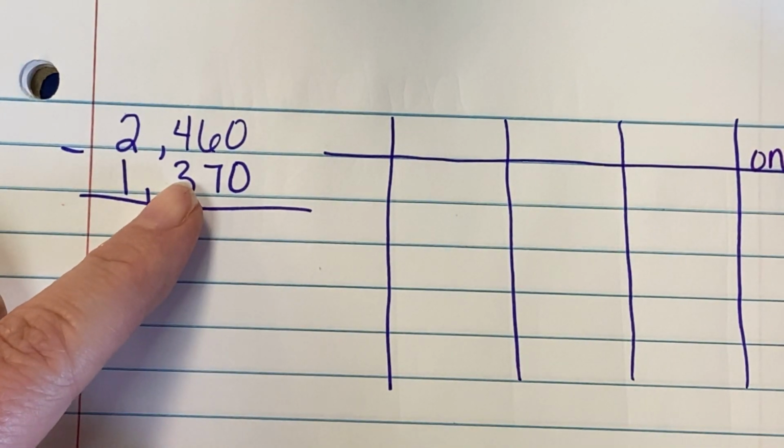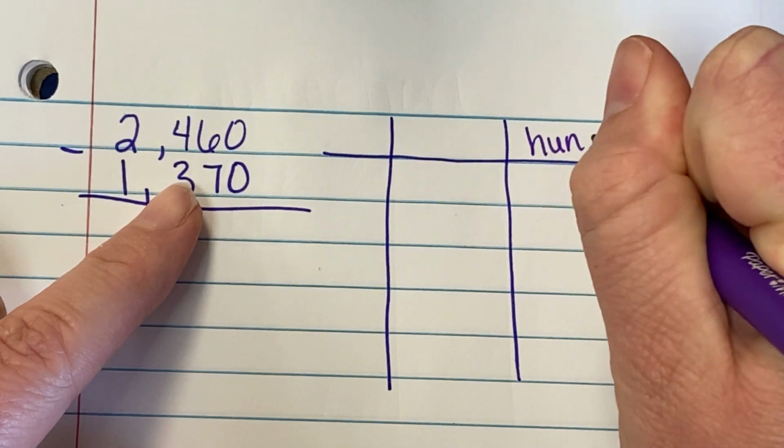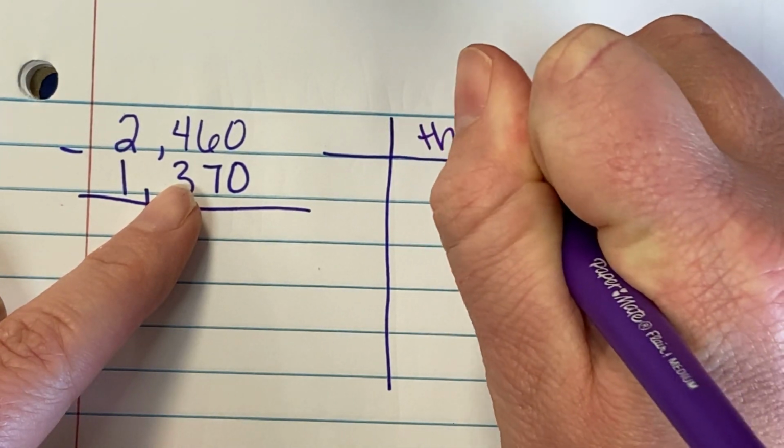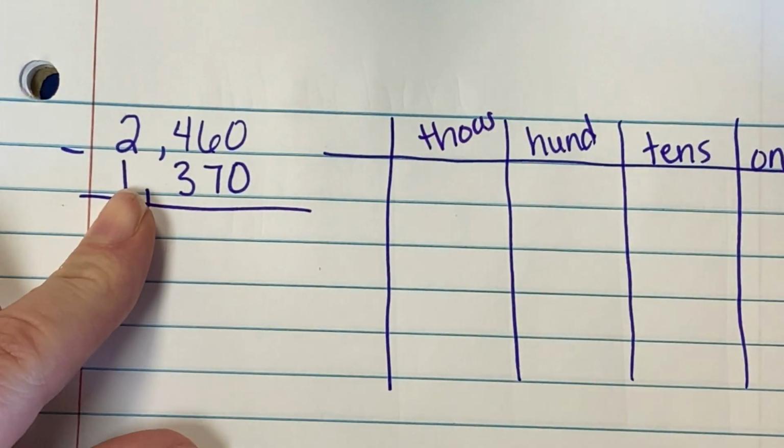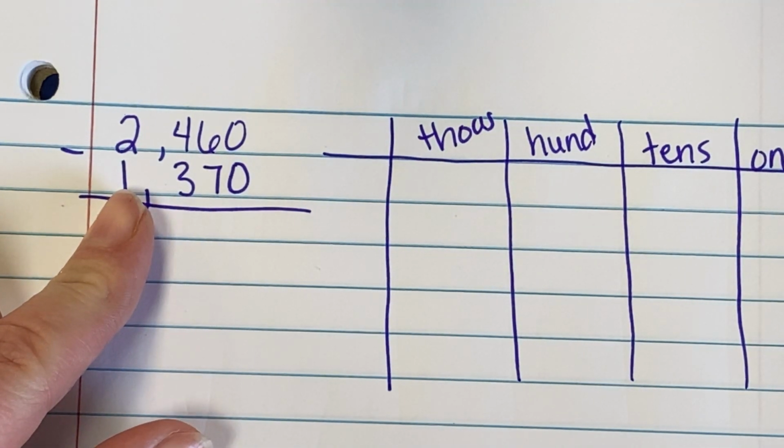We have our ones, tens, hundreds, thousands. And since I don't have any more than thousands and I'm subtracting, I know that that's as far as I need to go.